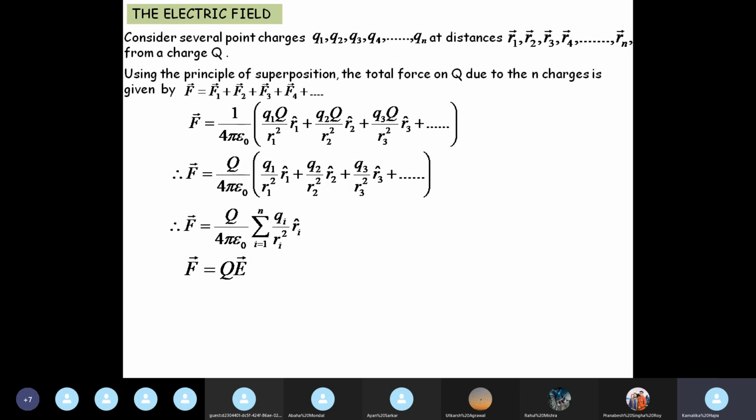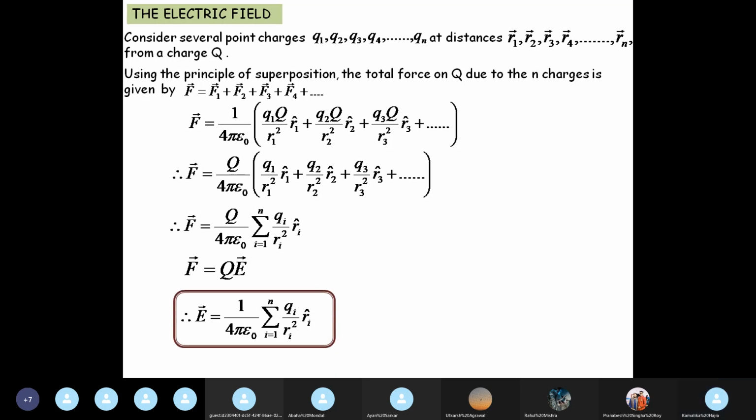What is the capital E vector? The sum of the forces exerted by all the individual source charges gives you the total force acting on the test charge Q. We can write the total force as Q into some vector E, where E is this expression over here.